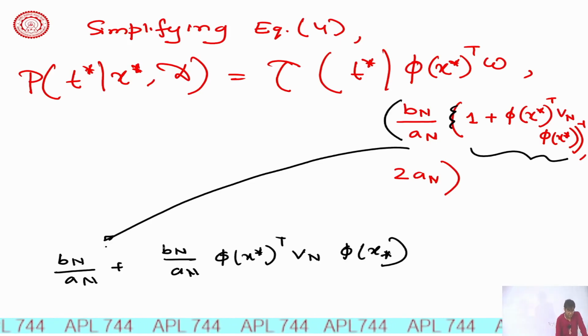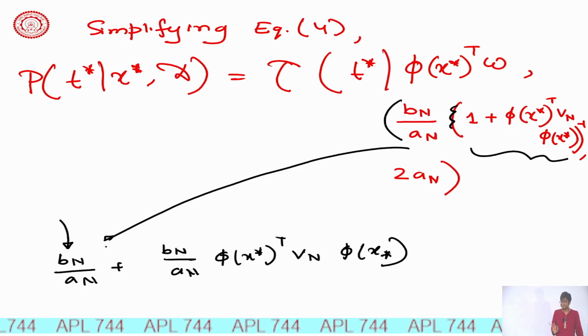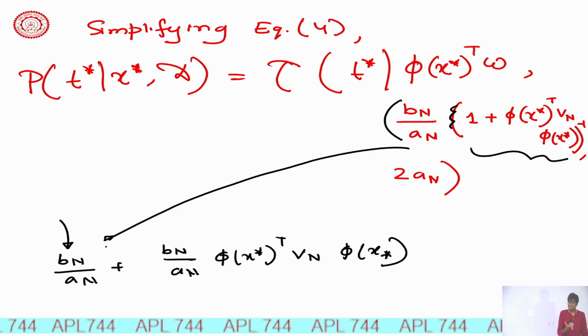Now think carefully, what is this first term denoting? This is uncertainty in your prediction because your data is noisy. This has nothing to do with your amount of data. So the first Bn by An is denoting uncertainty because of noise in your data.